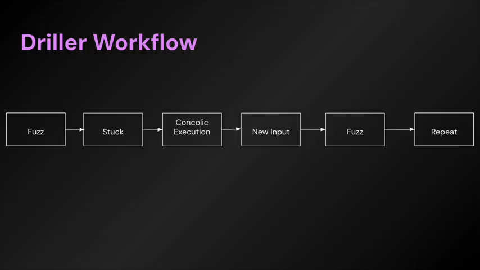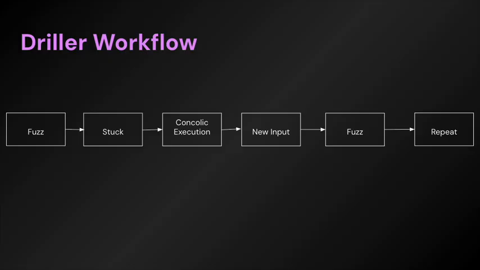This slide summarizes the workflow. The system starts with fuzzing. When fuzzing stops finding new paths, the system switches to concolic execution, which is a combination of concrete and symbolic execution. Concolic execution analyzes the path taken by an input and identifies conditions that prevented exploration of other paths.